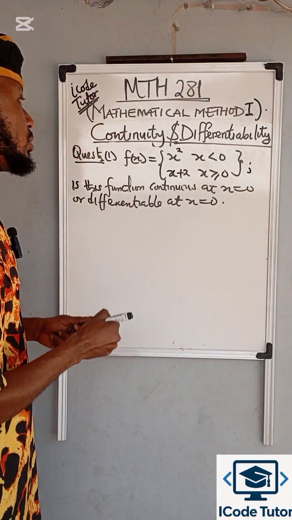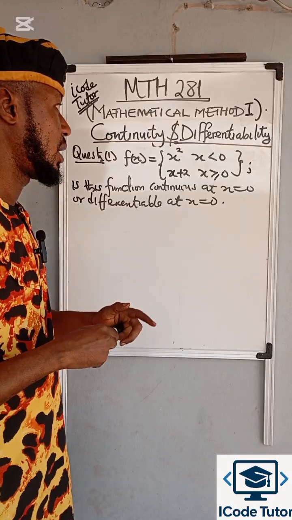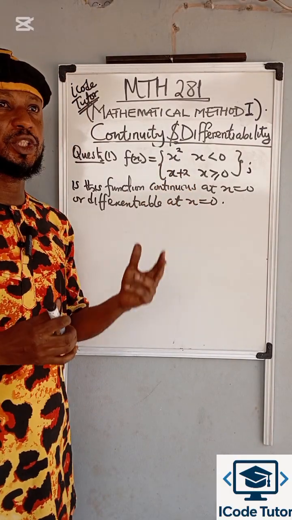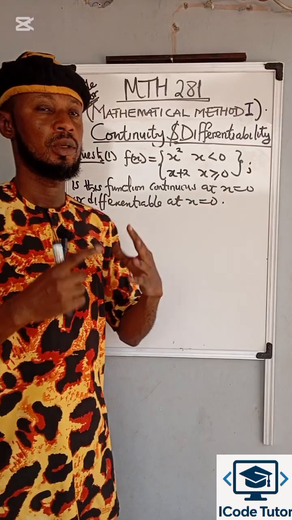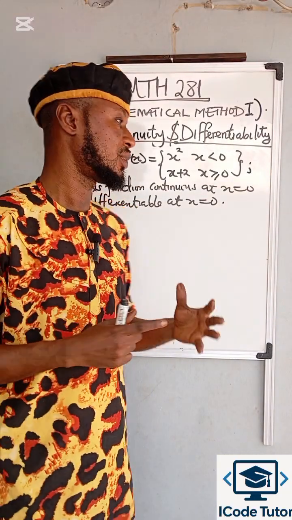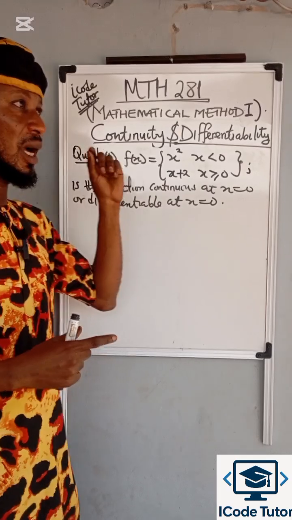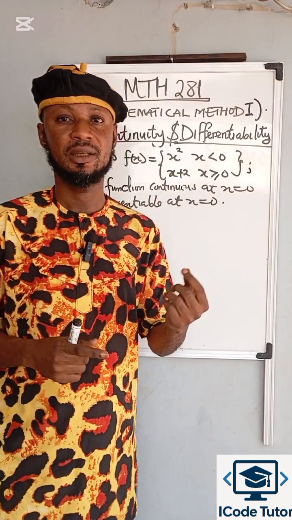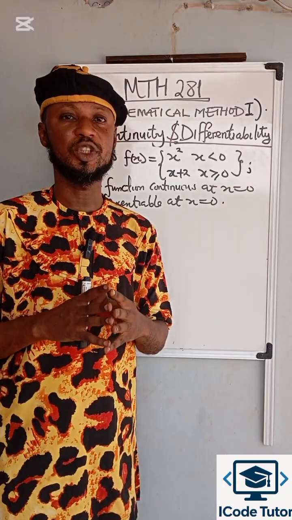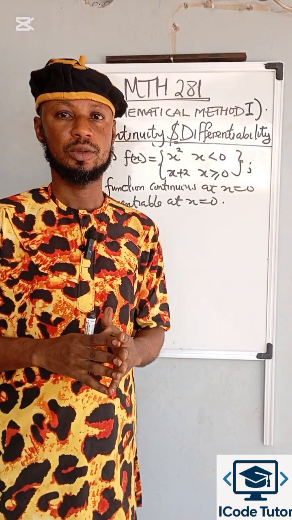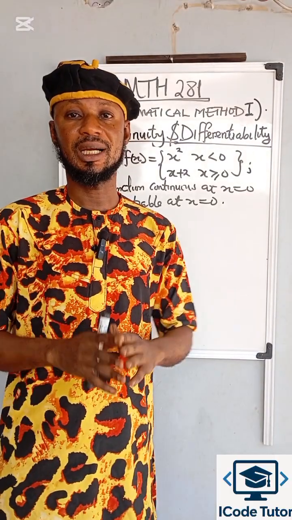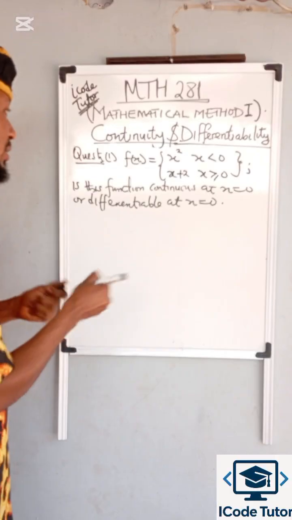What you need to do is check that the limits of these two functions must equal each other. The continuity of a function from the left and right side must equal each other, because that will determine the continuity of the function. Once they are not equal to each other, that means they are discontinuous. Now let's start.